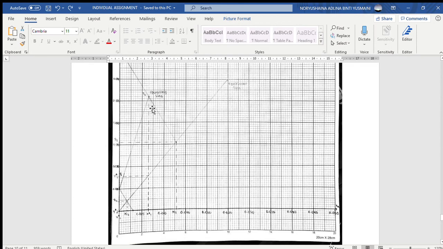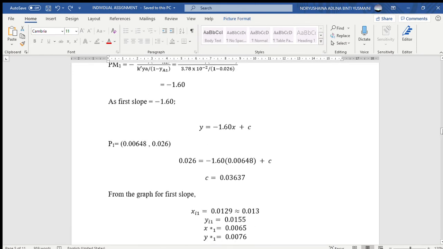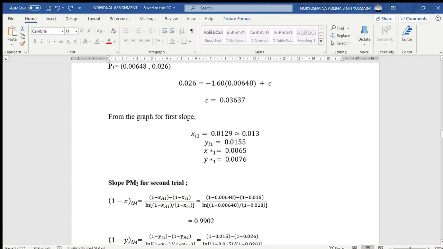As for the y star 1 and x star 1, the point of slope that touches the operating line, to the left, there is a value for y star 1, and downward the value for x star 1. So, from the graph, from the first slope, I managed to get all these values.